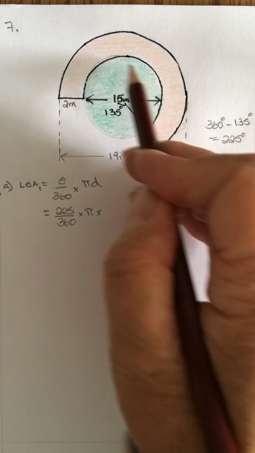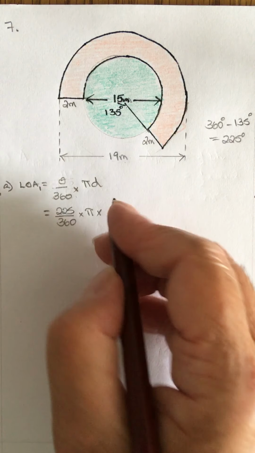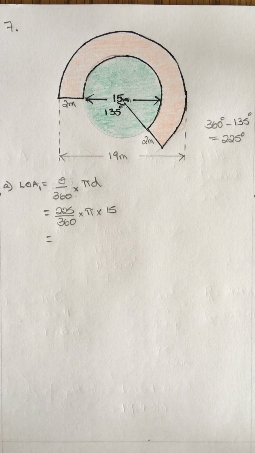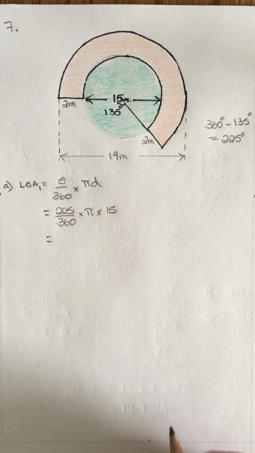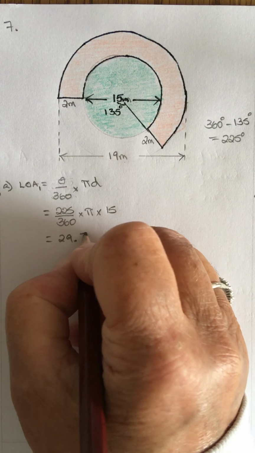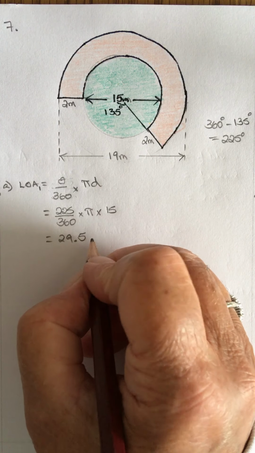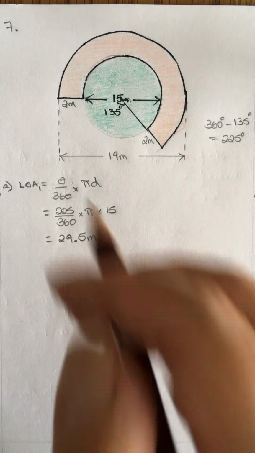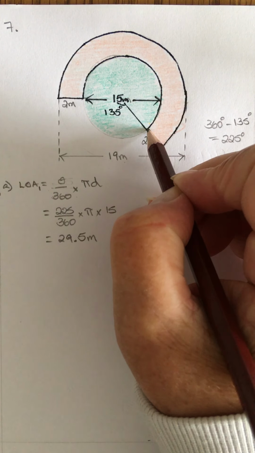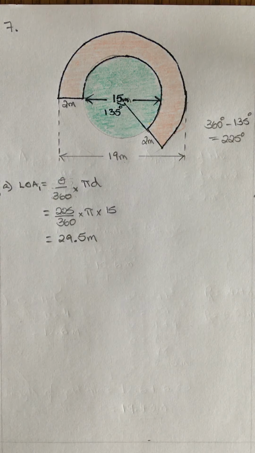Remember, we're looking at the wee one just now, and the diameter of the wee one is 15. When you put that into your calculator, 225 divided by 360 times pi times 15, we get 29.45. I'll round that to 29.5, and it's all in metres. So from here round to here, length of arc 1 is 29.5 metres.